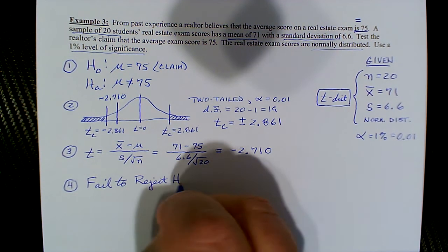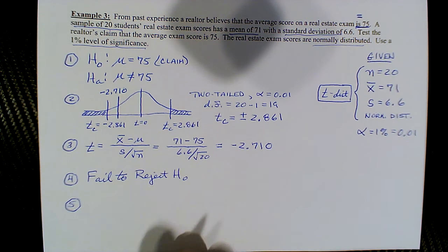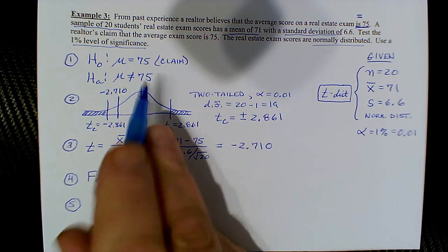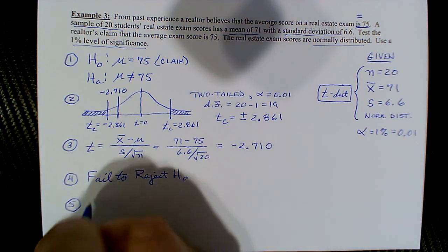Okay, and then our conclusion. Since H0 is the claim and we're failing to reject it, we use the word reject in our answer, so there's not enough evidence to reject the claim. You could use the table if you like.